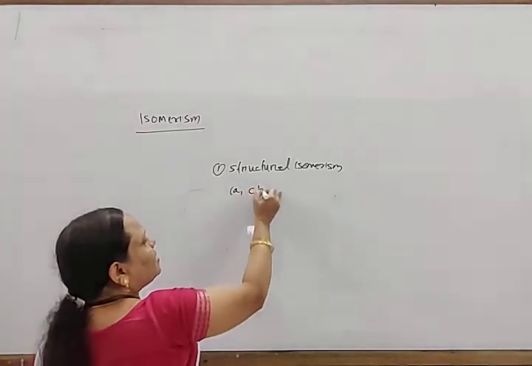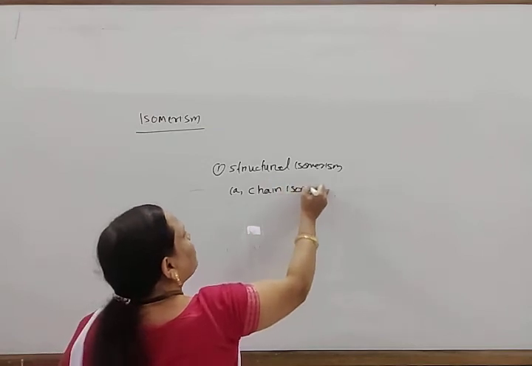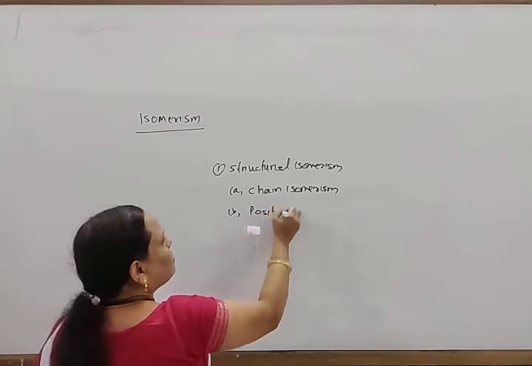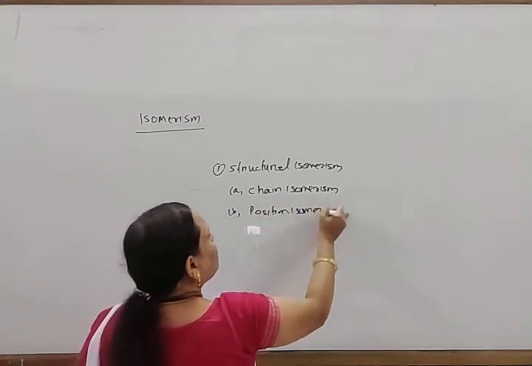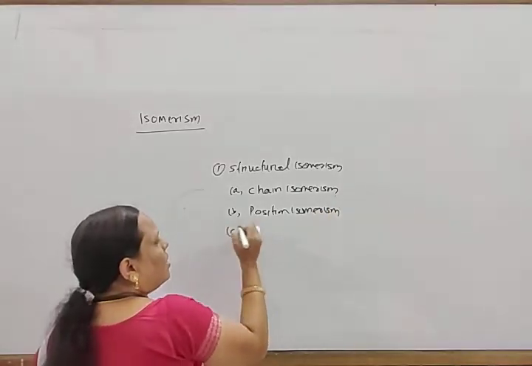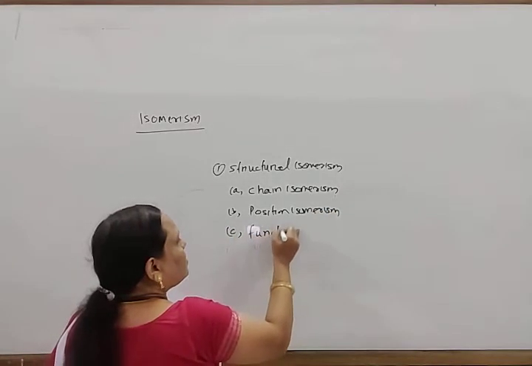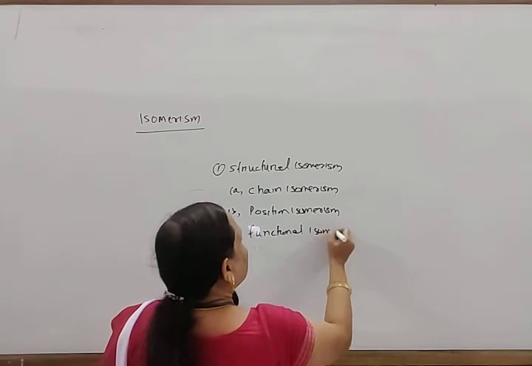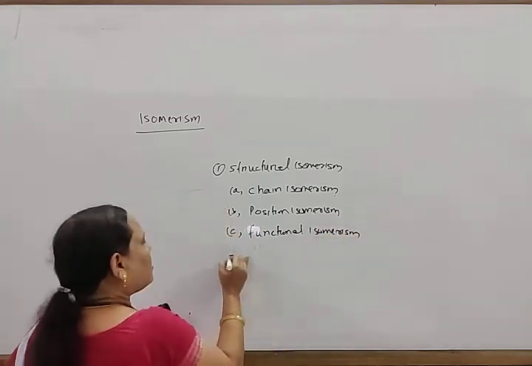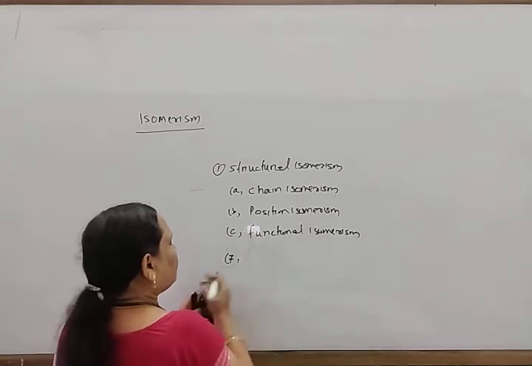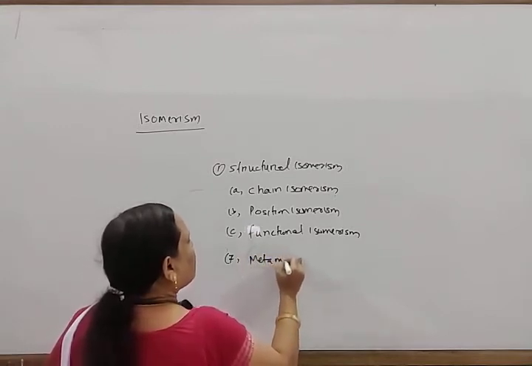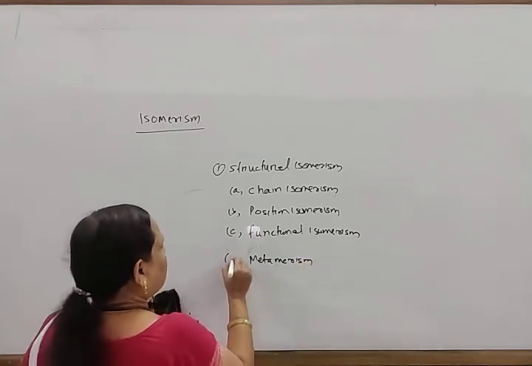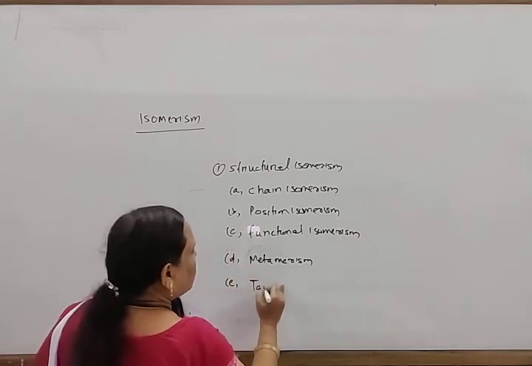One is known as chain isomerism, another is position isomerism, functional isomerism, metamerism, and another is tautomerism.